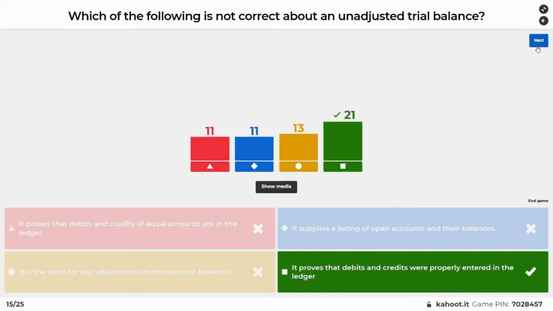Okay, so 21 of you got the correct answer. It proves that debits and credits were properly entered in the ledger. Of course, if it's an unadjusted trial balance, this is not a correct statement, no?